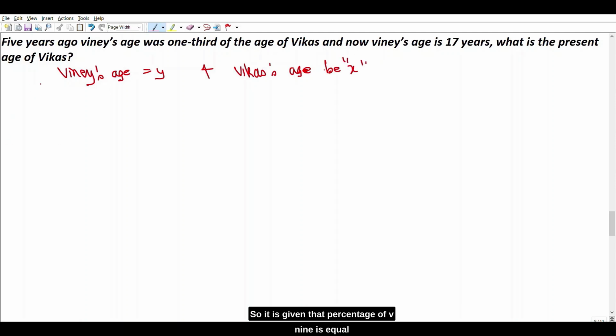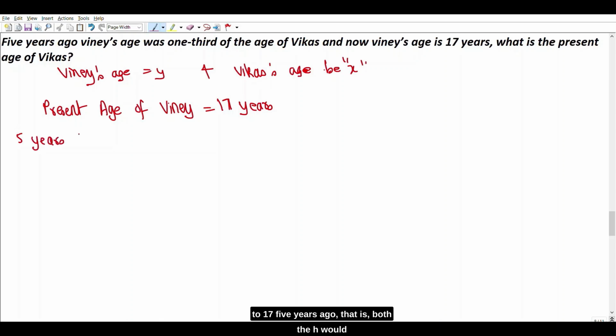So it is given that present age of Vinay is equal to 17. 5 years ago, that is, both the ages would be subtracted by 5, x minus 5 and y minus 5.